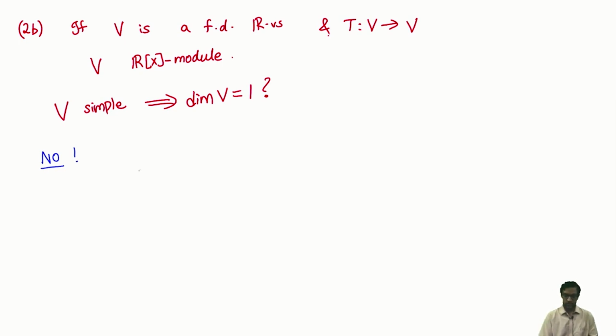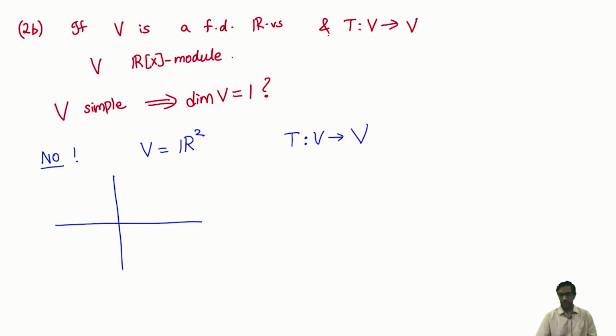And what's a very easy example? Well, we can just take V to be a two-dimensional space. I look at this two-dimensional real vector space R^2, and I take this linear operator T from V to V to be, well, I can just describe it geometrically.